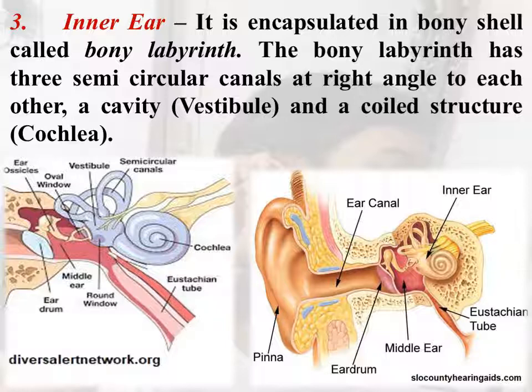The main aim of this video is to discuss the structural aspect and the functional aspect of the human ear. So without any delay, let us move to the next slide, where first we'll be discussing the sensory process that is related to the structure and functioning of the human ear.